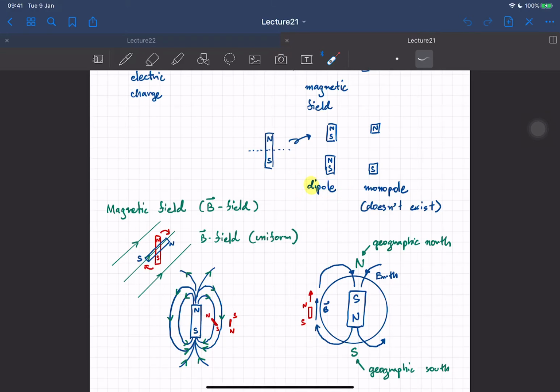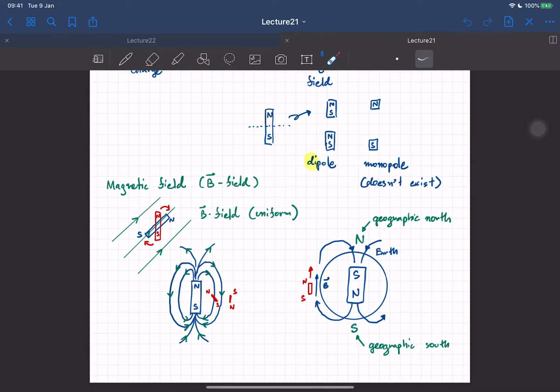Okay, so dipole means there are two poles together, north and south, and we can introduce a magnetic field, the way that a magnet interacts with that kind of field, similar to the way electric charge interacts with electric field. A magnetic field is gonna cause a rotation of the magnet so that the magnet always aligns itself along the magnetic field.